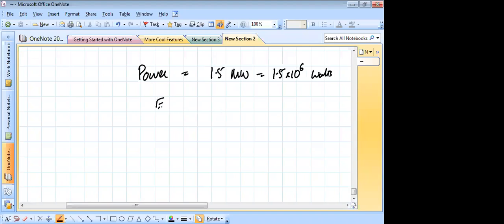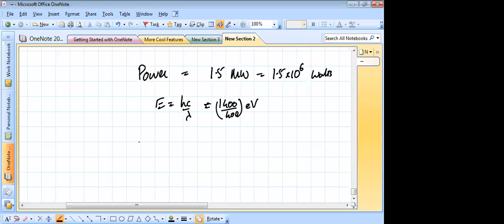Photon flux. Energy of a photon is hc by lambda. So that is approximately how much? 1240 divided by 400 in electron volts. Something like that, approximately. Okay.